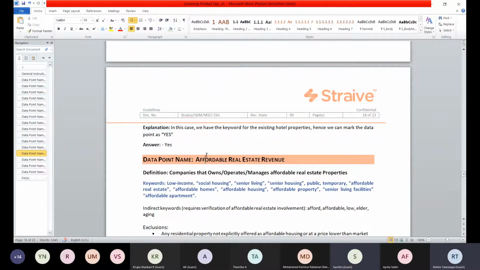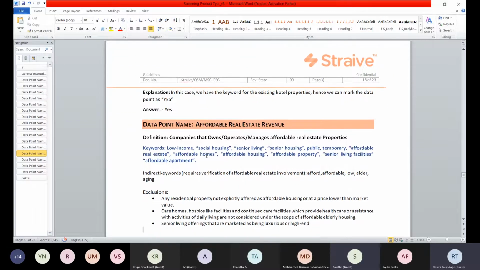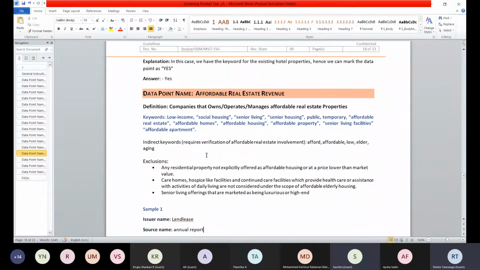Our next data point is affordable real estate revenue. Here you need to check whether that company is owning, managing, or operating affordable real estate properties.